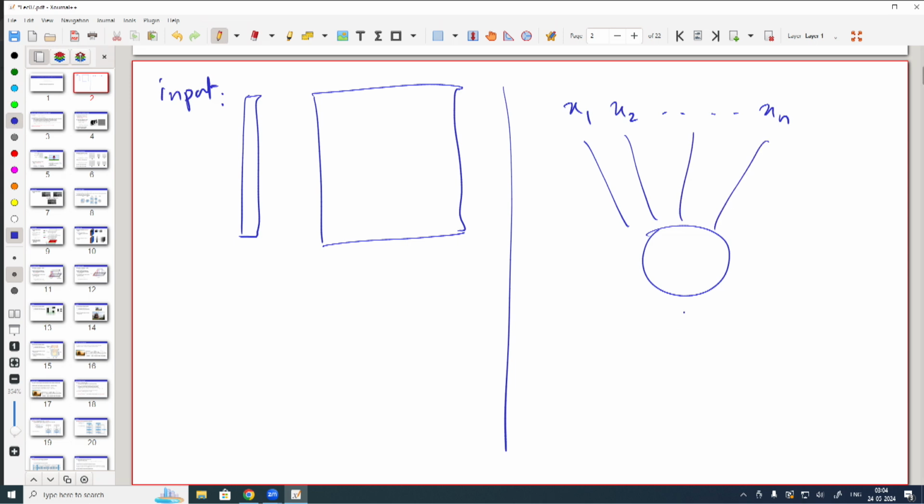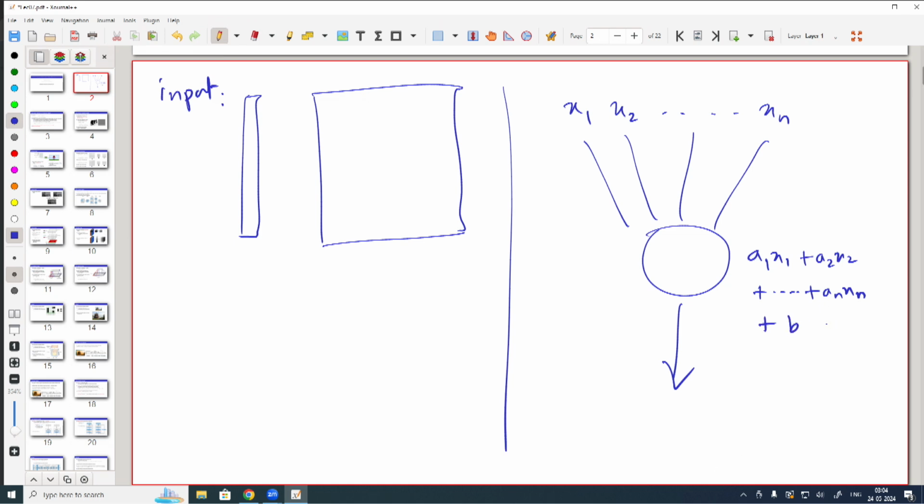The picture you usually see is sort of like this. What is happening here is that you are computing the following value: a1 x1 plus a2 x2 and so on, up to an xn, plus b. This is the value you are computing.